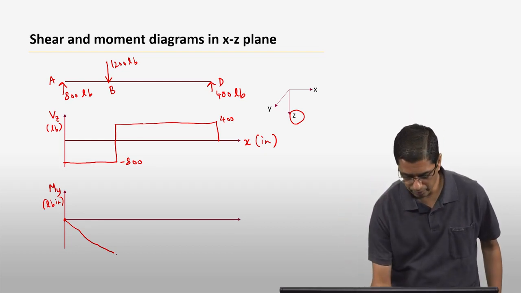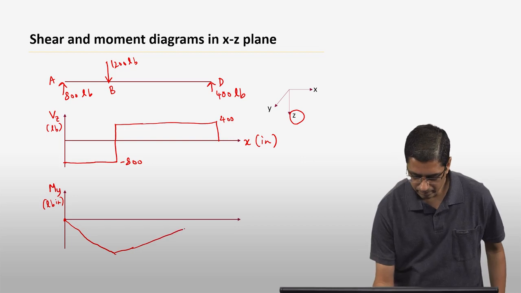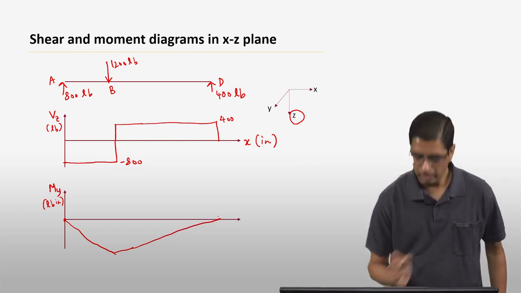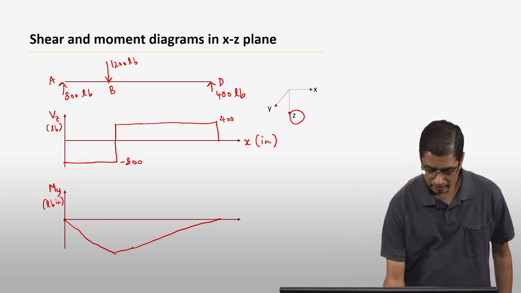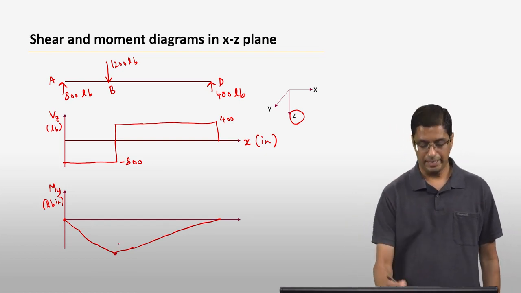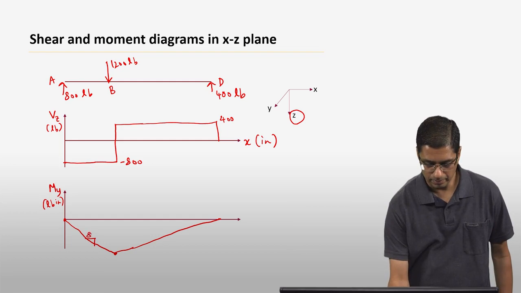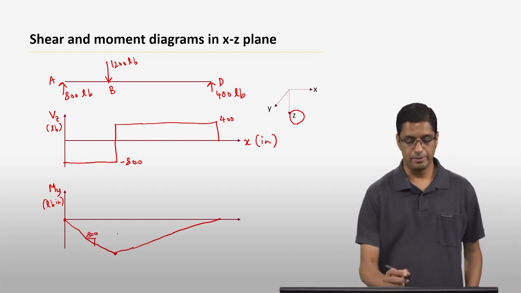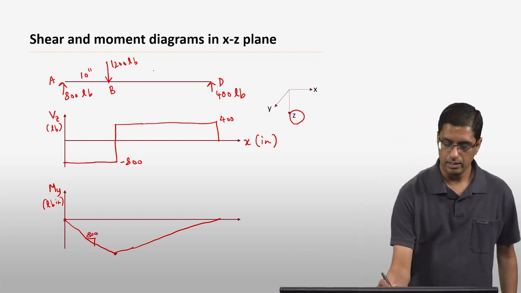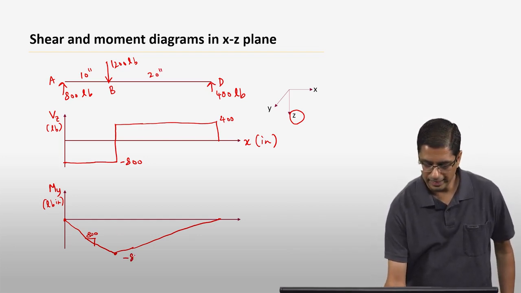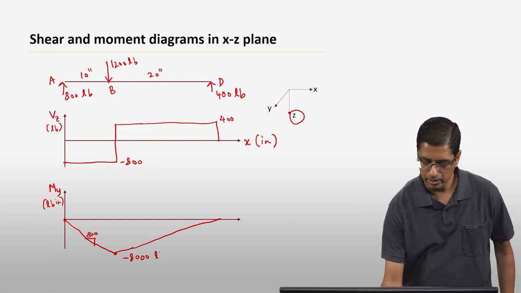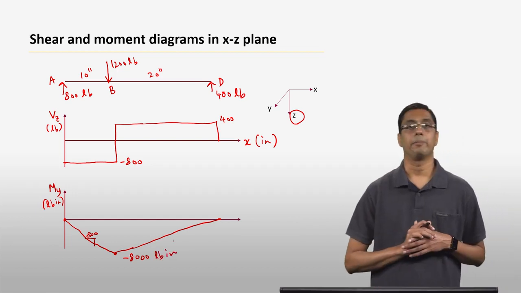So then we are going to go all the way up to point D, where it again goes to 0. This point here is going to be minus 800, that is the slope, times 10 inches, and this is 20 inches. So you're going to have a value of minus 8,000 pound inches at point B.